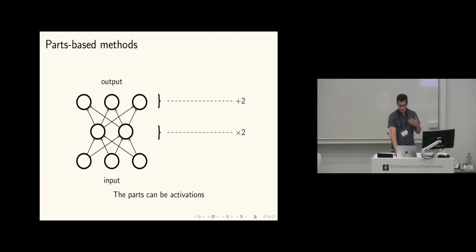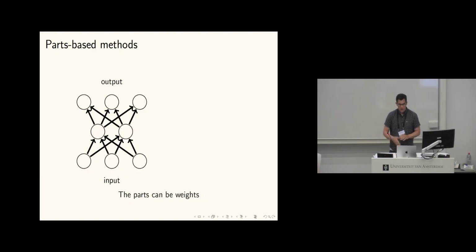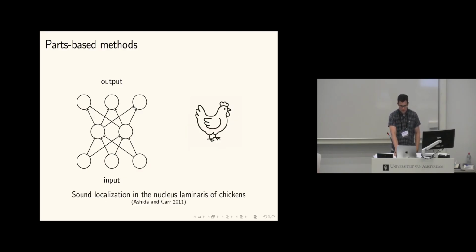In that case, we might infer that it's implementing 2x plus 2. Alternatively, we might find an earlier part corresponding to plus 1, a later part corresponding to times 2, and we might infer it implements 2 times x plus 1. The relevant parts can also be weights, and once again, we can find parts that correspond to the relevant parts of the algorithm. We can conclude which algorithm it is implementing.